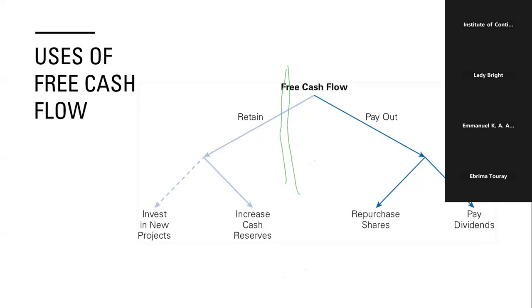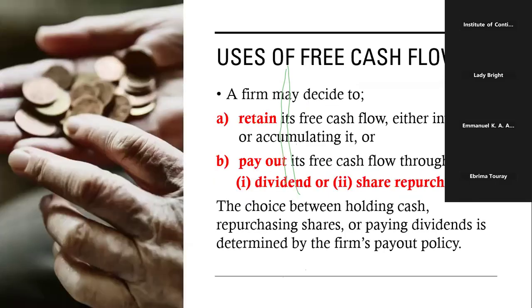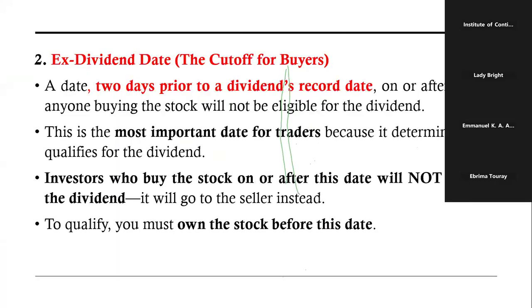You either pay dividends or you do share repurchase, which is another way of letting out money into the hands of your shareholders by repurchasing part of the shares they hold. And that is called share repurchase.